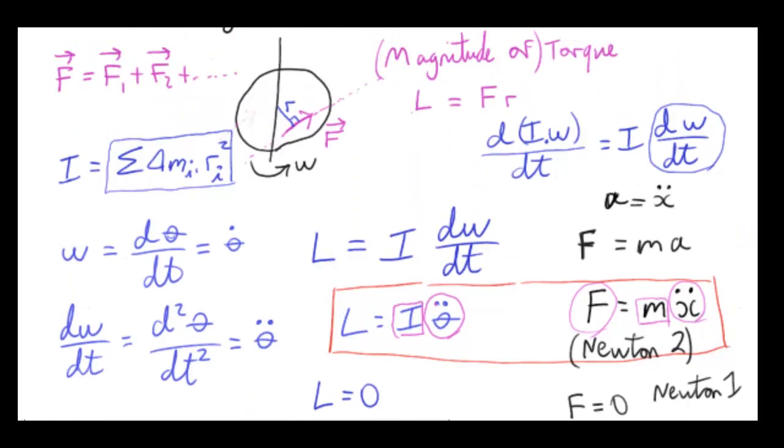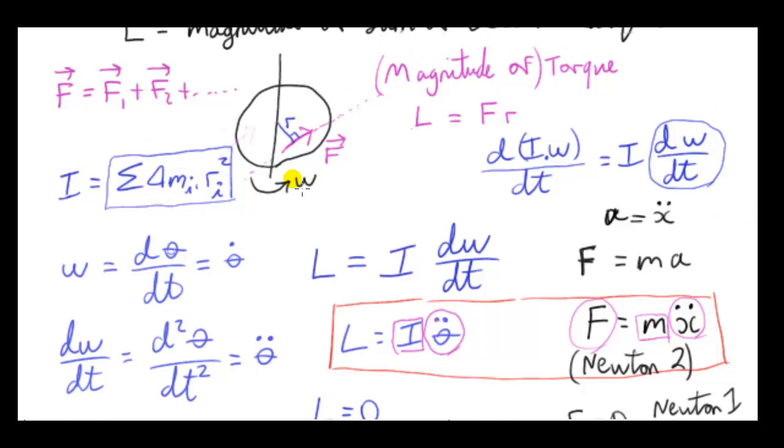In other words, if this body was rotating to begin with, and no external forces were acting on it, if we imagine that this body starts off with this rotation omega, then provided no forces act, the body will keep on rotating with angular speed omega forever.